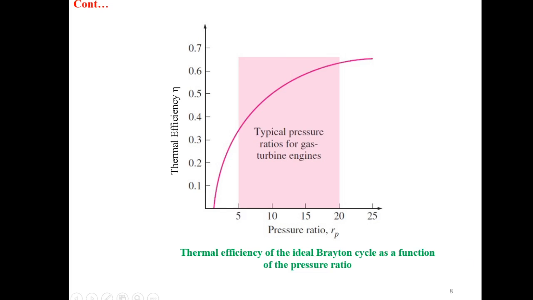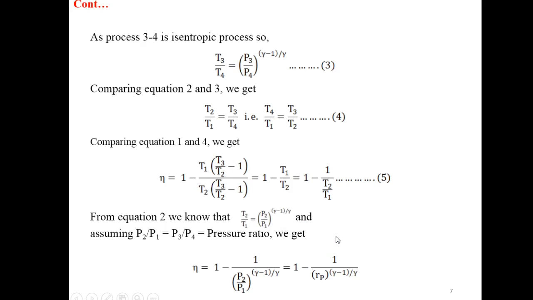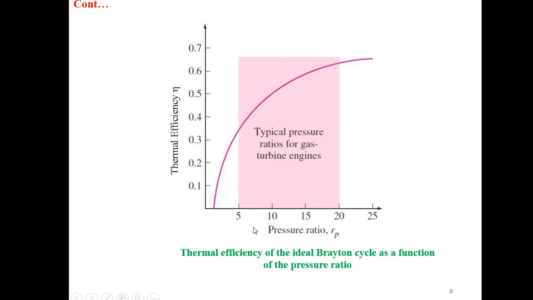Next is the thermal efficiency of the ideal cycle as a function of the pressure ratio. Now the pressure ratio is RP. We have already defined this RP as the pressure ratio. Now we have drawn a diagram between pressure ratio and thermal efficiency.